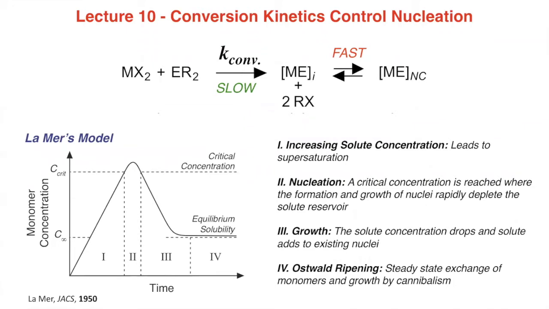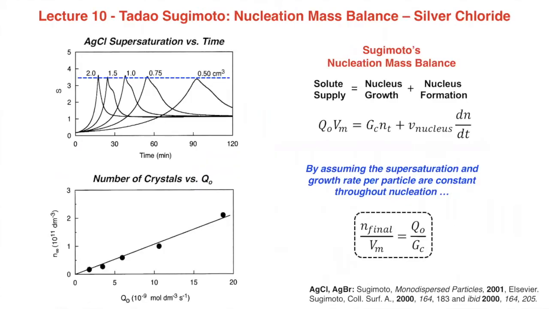And that effectively separates the nucleation from the growth phase and makes all crystals at one time early in the synthesis. And Tadao Sugimoto borrowed this idea and really took it a lot further in his studies of silver chloride. And we talked about this nucleation mass balance.